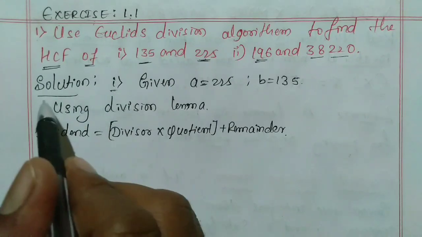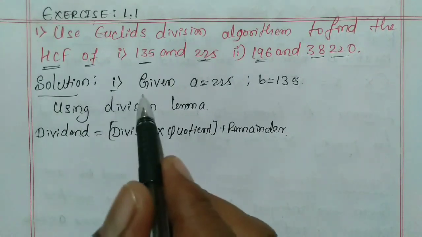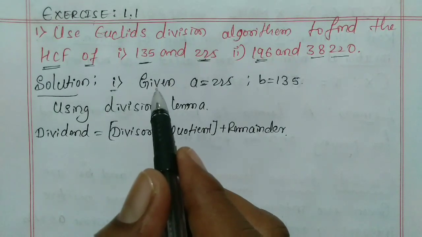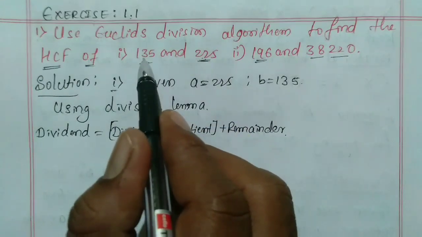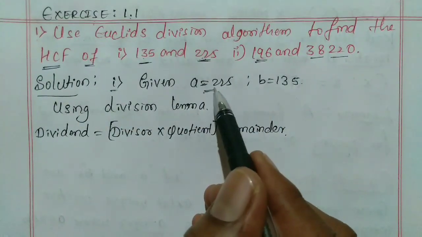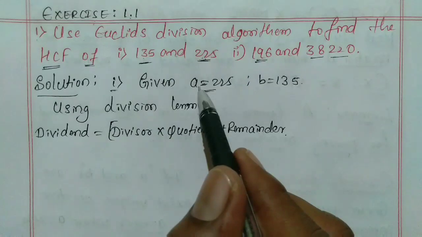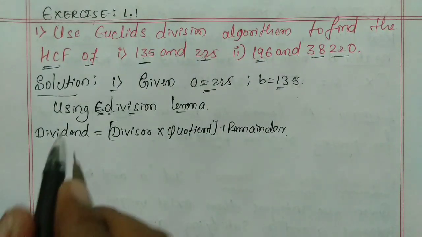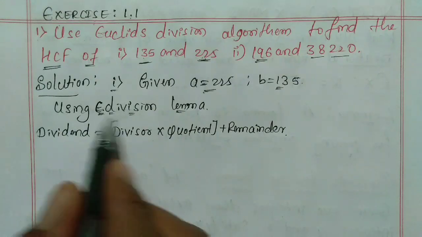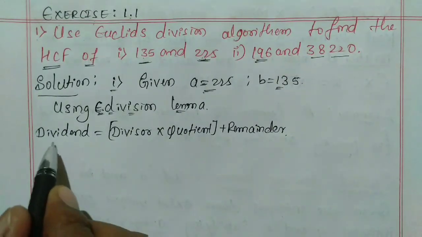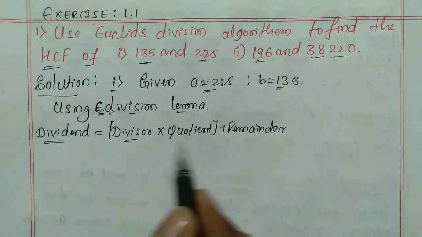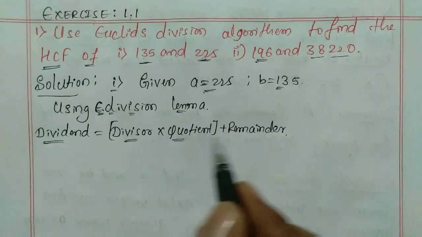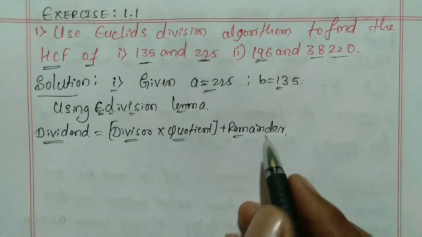First I will go to the first one. Solution: given are 225 and 135. Consider the largest number as A and the smallest number as B. Then use Euclid's division lemma: dividend equals divisor into quotient plus remainder.